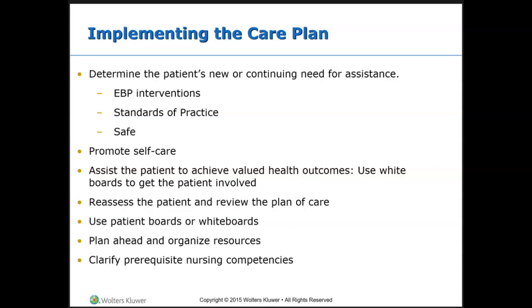So let's say, for example, you have a patient who has a CVA, a right CVA, and they're weak on the left side and they've had a swallow study and they need nectar thick liquids and food. So you're going to go in there and help feed the patient, right?